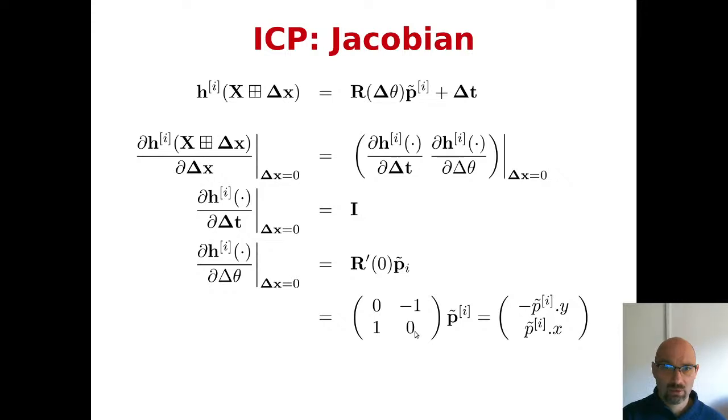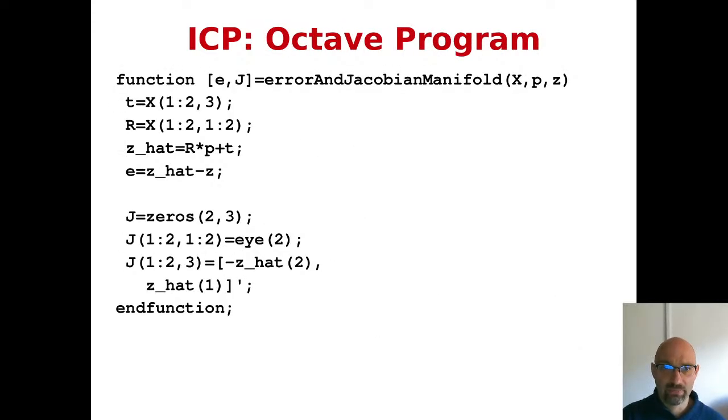Cool. Then there's not much we have to do. We just build our Octave program that calculates the error and the Jacobian. It's just a one-to-one transposition of what we have seen before.